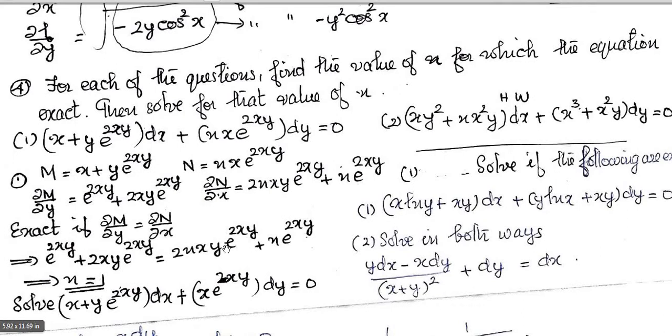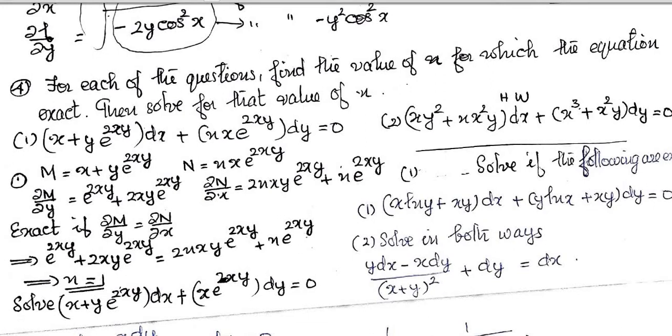So equating these two expressions, we find that the value of n is 1. Equating the like terms, the first term here and the last term there are equivalent terms, and these two are equivalent terms. So we equate and find that n is equal to 1.